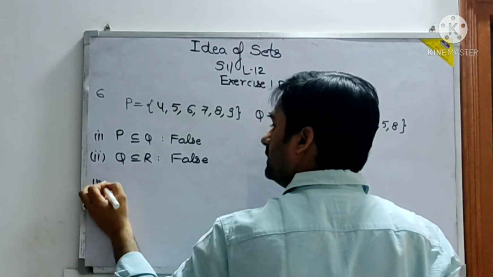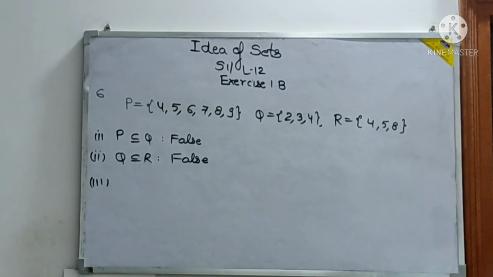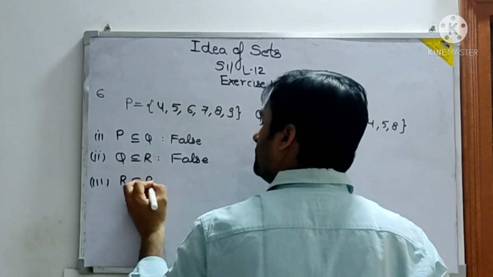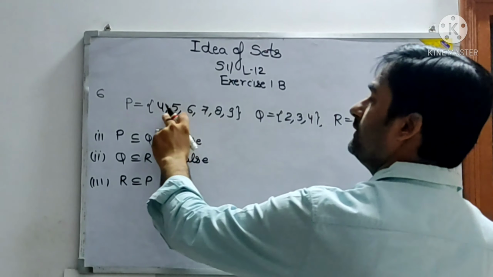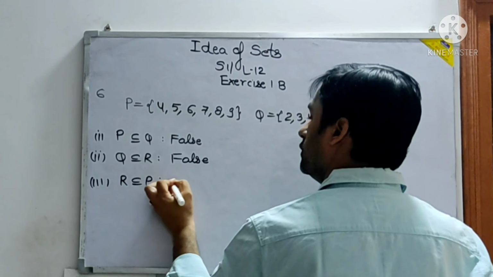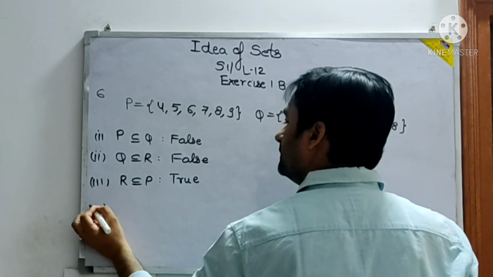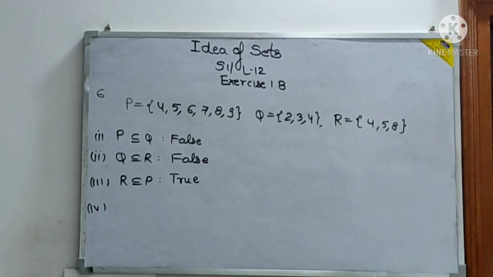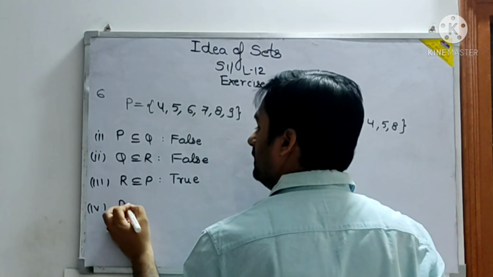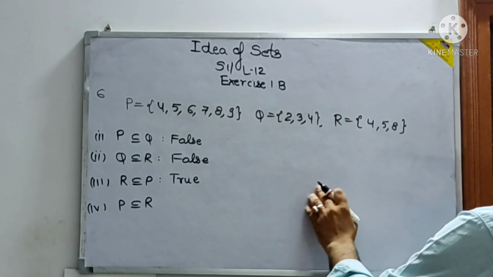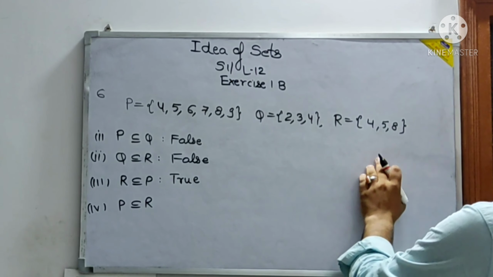The third part says R is a subset of P. Now see, 4, 5, 8. Are there 4, 5 and 8? Yes, so this is true. And the fourth part, P is a subset of R. Now, does R contain all the elements of P?